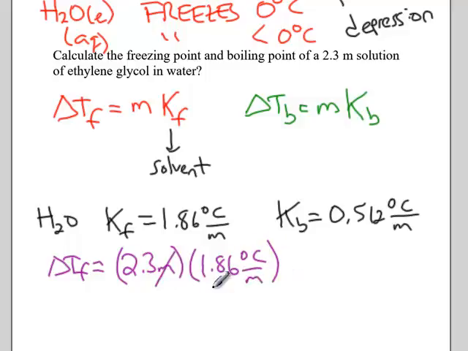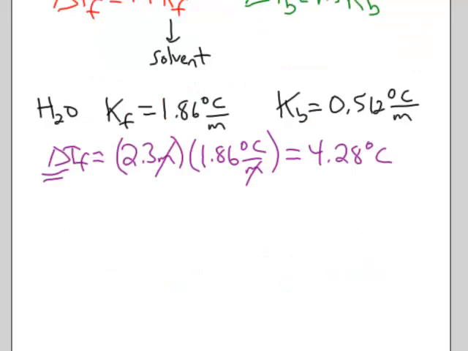And notice the units: molality will cancel, and we're left with degrees Celsius. This is 4.28 degrees Celsius. But notice that's the change in the freezing point. That's not the actual freezing point.